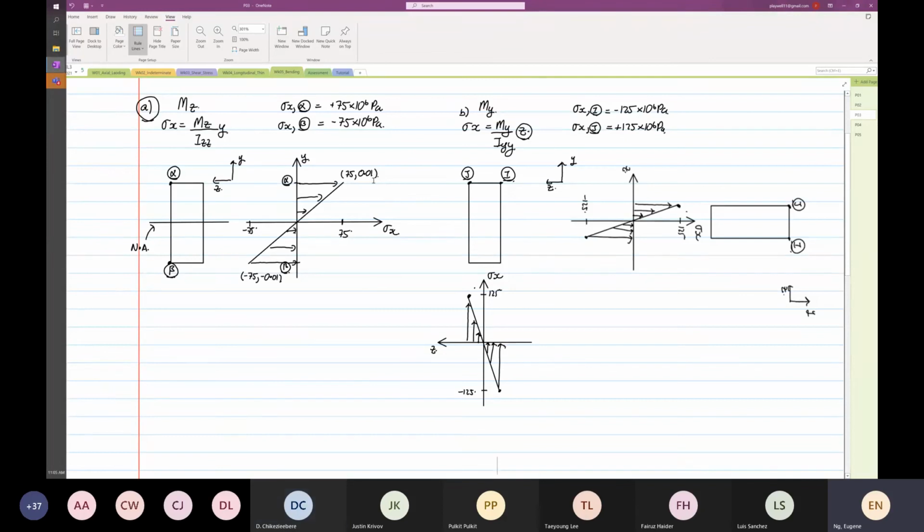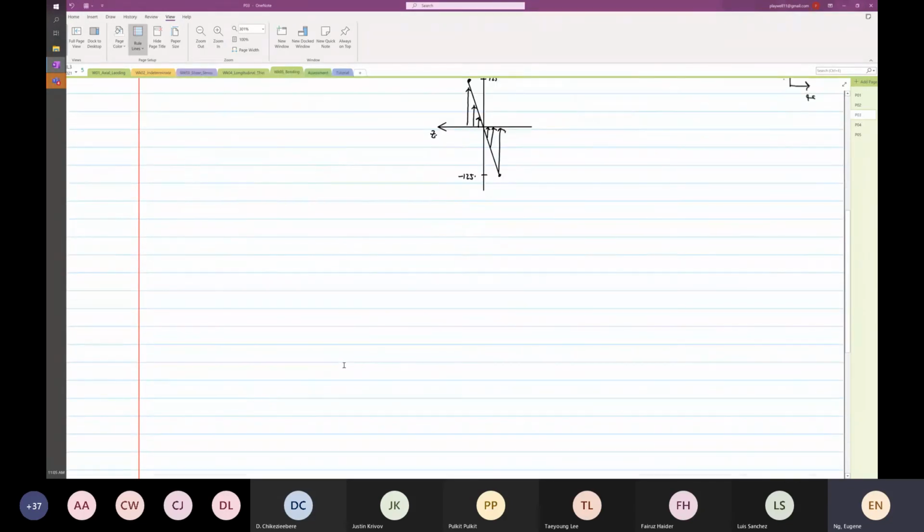Right. So now, why do we call all this symmetrical bending? What is symmetrical bending? A lot of times I thought symmetrical bending has to do with the geometry and how the force is loading. So let me elaborate what I mean.